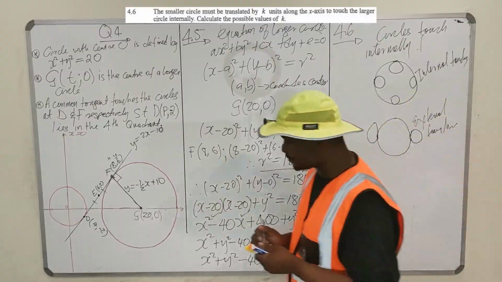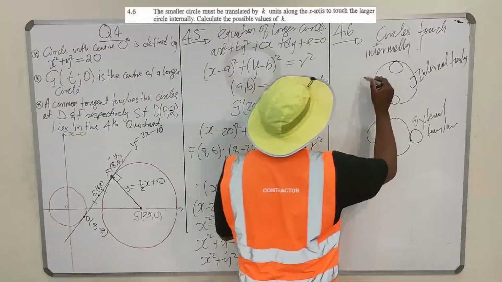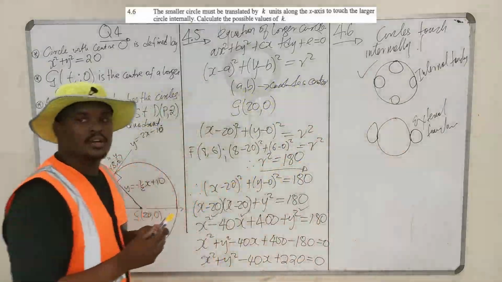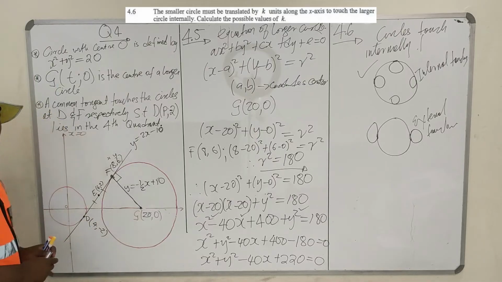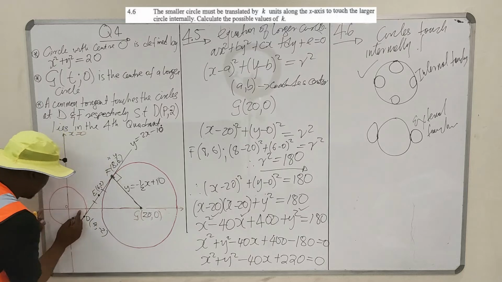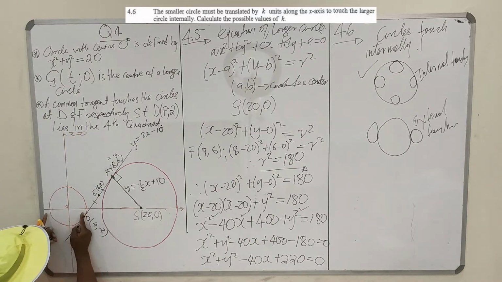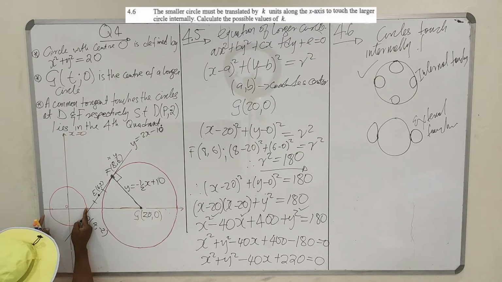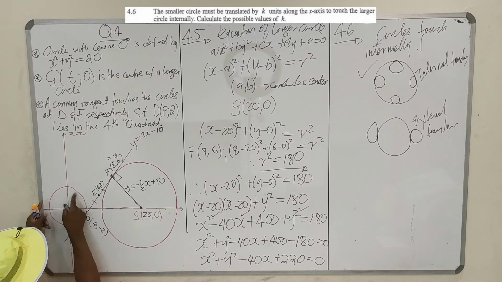So here, what we're trying to do is get a situation similar to the first one. We want this to be moved inside this such that they touch internally. If we move this one here and it touches like this, you can see they will be touching externally because this circle will still be outside.